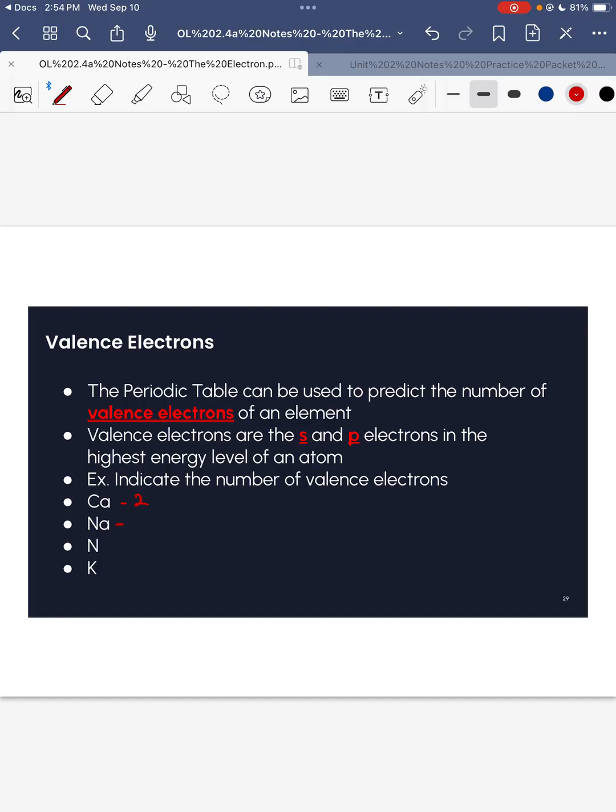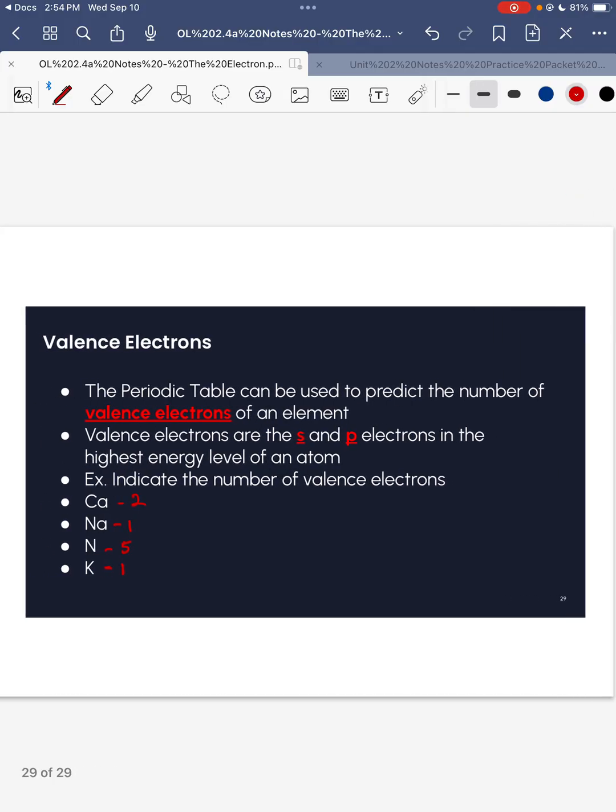Sodium has 1 electron in its third energy level in the s, none in the p, so it has 1 valence electron. Nitrogen has 2 electrons in the s orbital, 3 electrons in the p orbital, so it has valence electrons of 5. Potassium is in the same group as sodium, so it's also going to have 1.